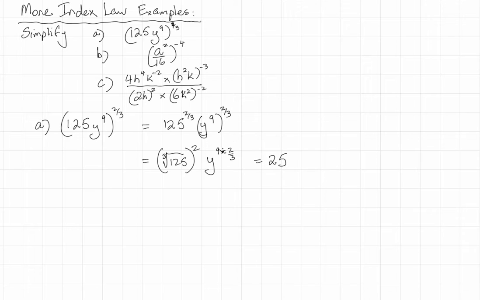And then we've got y to the power of 9, now that's 9 over 1. And from our knowledge of multiplying fractions, we could multiply the tops, multiply the bottoms, or we can try and cancel first. 3 into 3 once, 3 into 9 goes 3, 2 times 3 is 6 over 1. So it'll be y to the 6 over 1, 6 over 1 is the number 6.